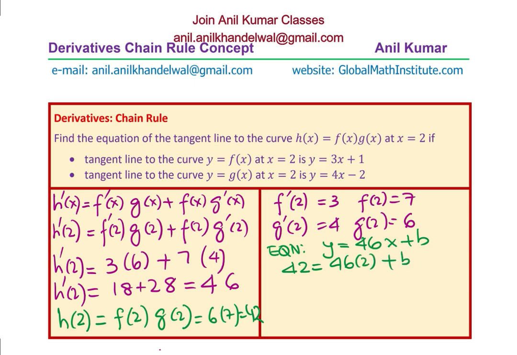And therefore, we get the answer 42 minus 2 times 46, which comes out to be minus 50. And therefore, we get our equation, which is y equals 46x minus 50. Does it make sense to you?